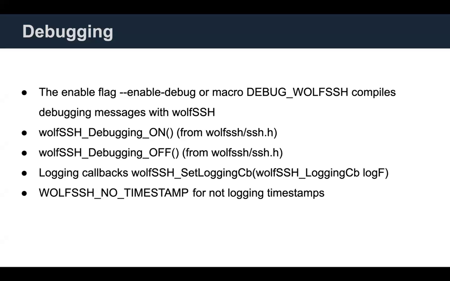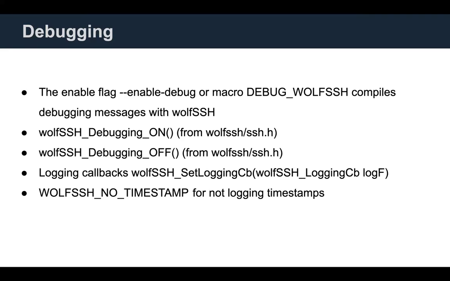If wanting to see debug information, when building the library you'd want to use the enable-debug flag. Or if you're on a Windows Visual Studio build or something that's not using autotools, you'd want to define the macro DEBUG_WOLFSSH when compiling.